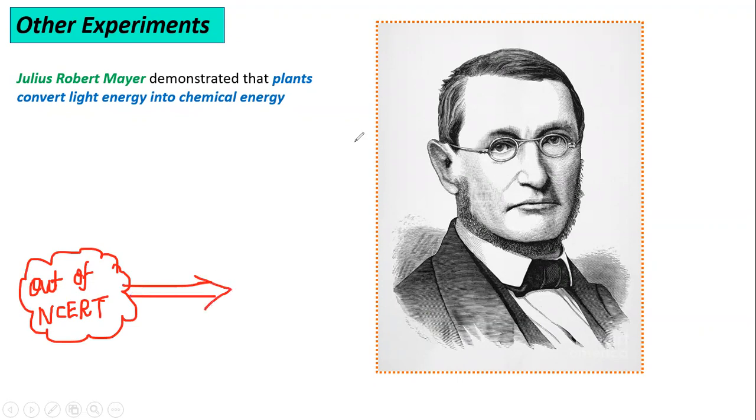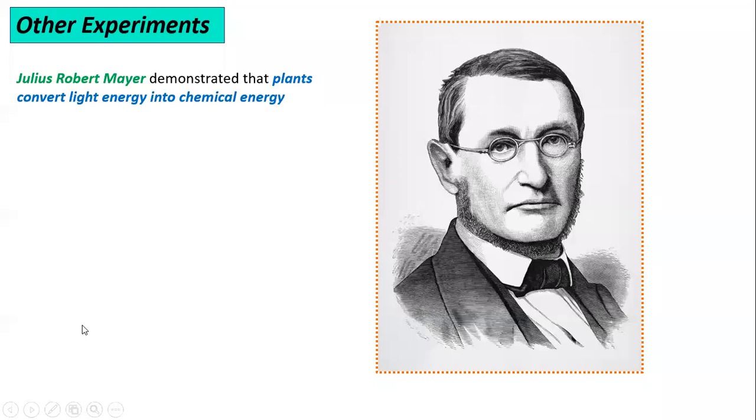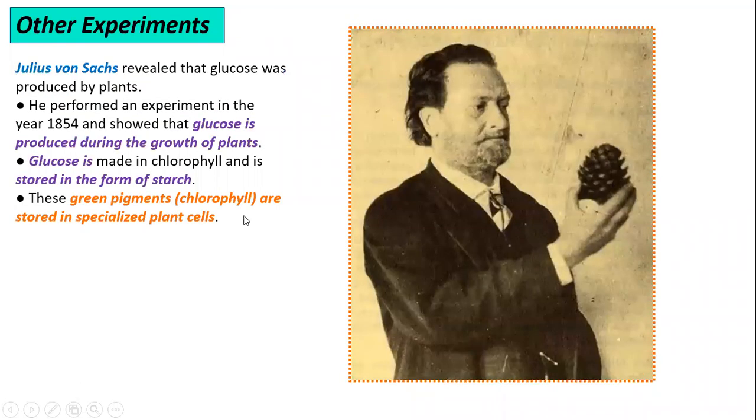So Julius Robert Mayer demonstrated that plants use up light energy and convert it into chemical energy. So who was the person who told that light energy is converted into chemical energy during photosynthesis? It was Julius Robert Mayer.